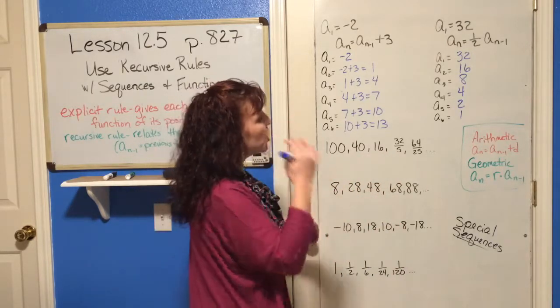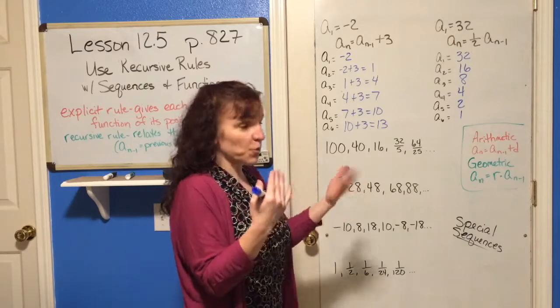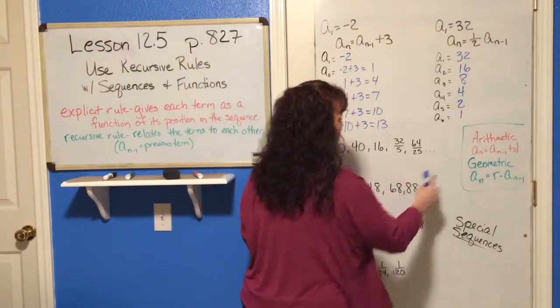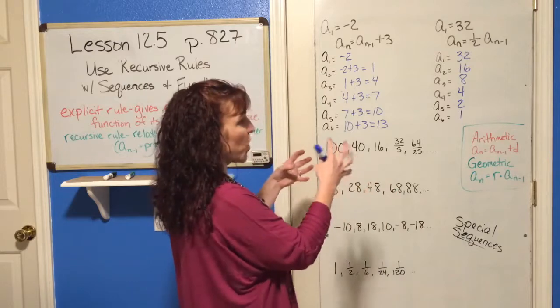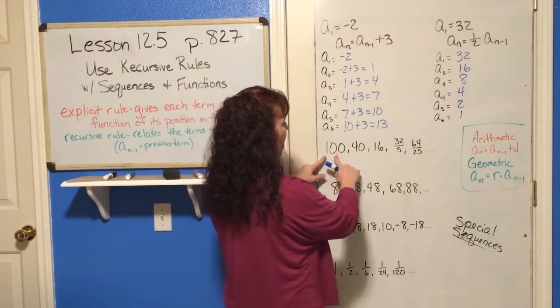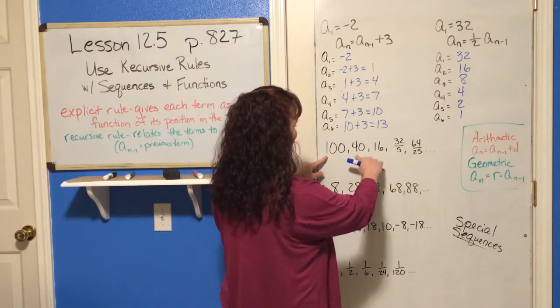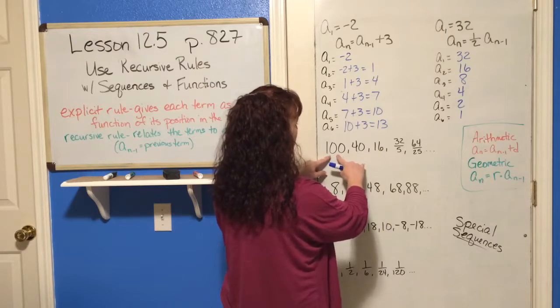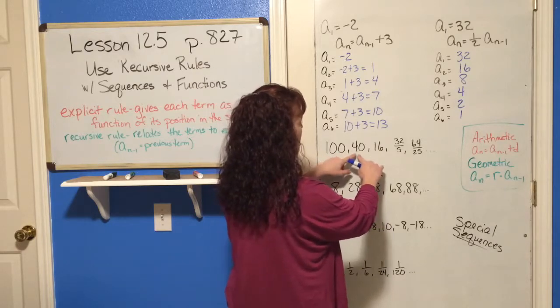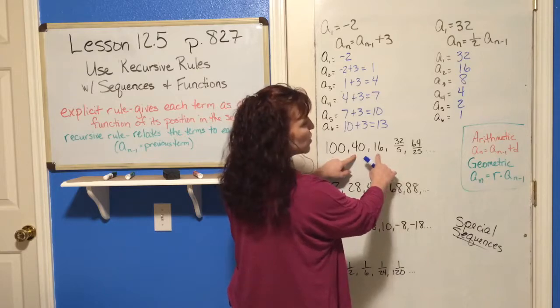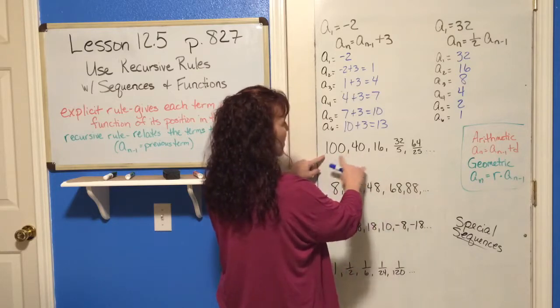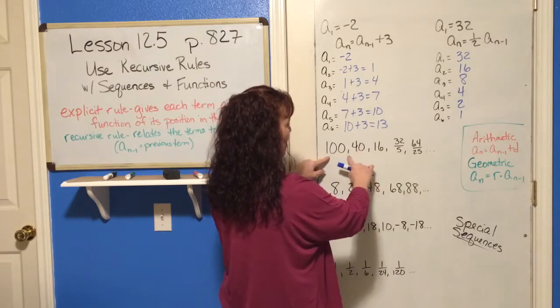So what you can do first, the easiest thing, is to check to see, is it arithmetic or geometric? So does it fit into one of these categories? So with 100, am I adding anything to this? 100 minus 40 or minus 60, no. So let's check geometric. Am I dividing by something?